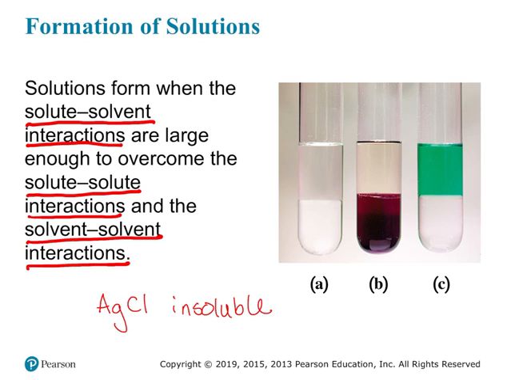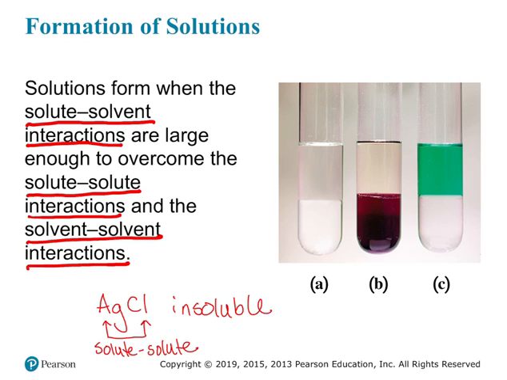That means it does not dissolve in water, and the reason for that is these solute interactions are just so strong, and water is not able to break them apart.